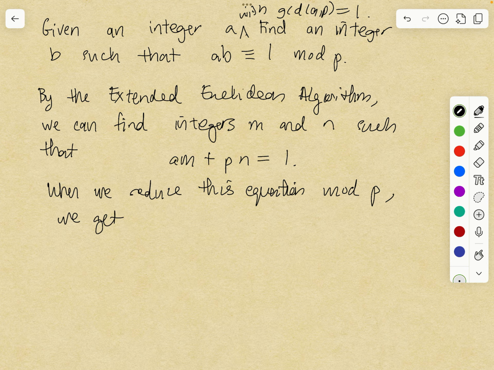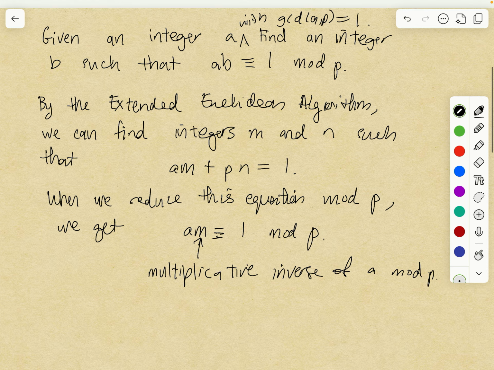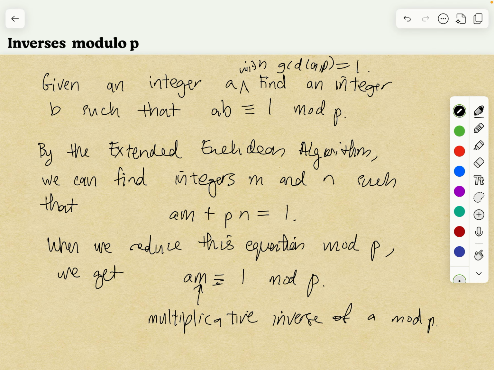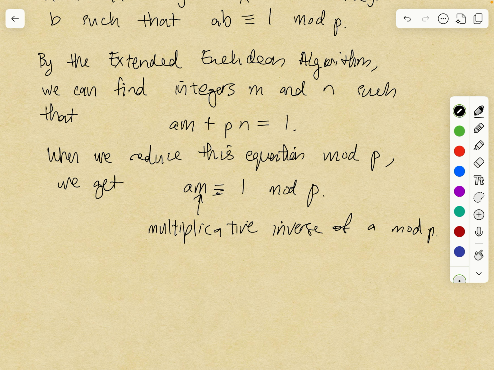Well, p times n mod p is just going to be 0, so you get a times m is congruent to 1 mod p. So that's our multiplicative inverse, m. That m is our b in the problem: find an integer b such that ab is congruent to 1 mod p. The integer b that we're looking for is m.